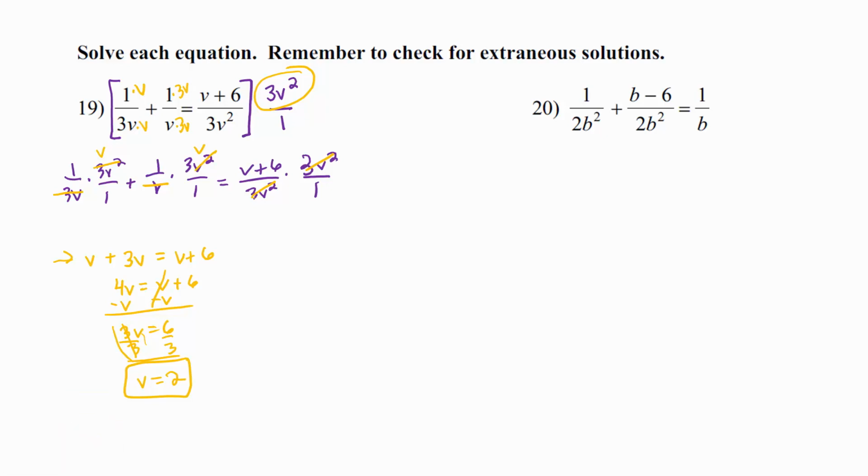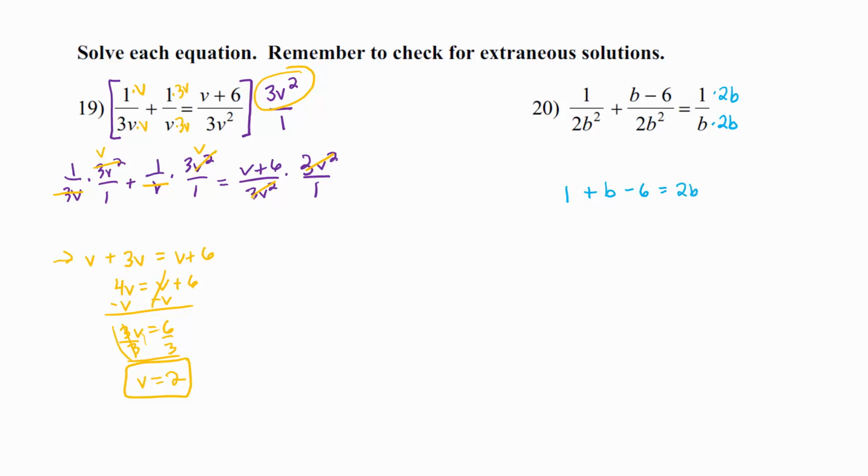We would say, this is 2b squared, this is 2b squared. I can get this one to match by multiplying by 2b. That's going to make it also be 2b squared. And so because they'll all have the same denominator, I won't need the denominators anymore. I'll just write the numerators, and 1 times 2b is 2b.